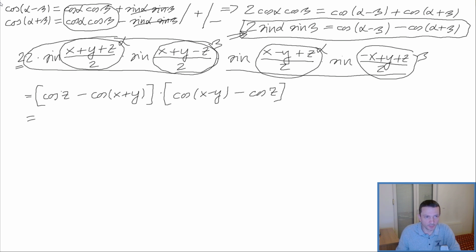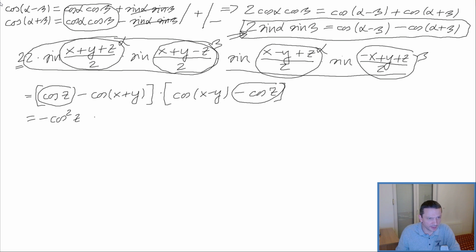So now we will multiply those two brackets, obtaining this time minus cosine square of z.